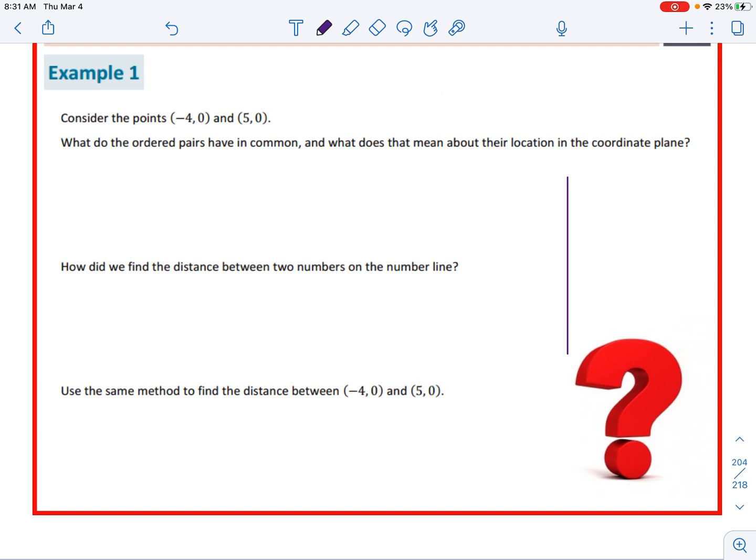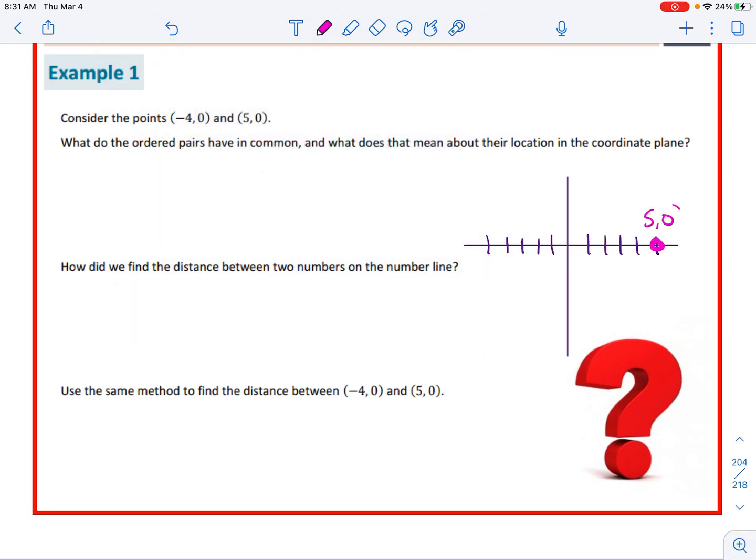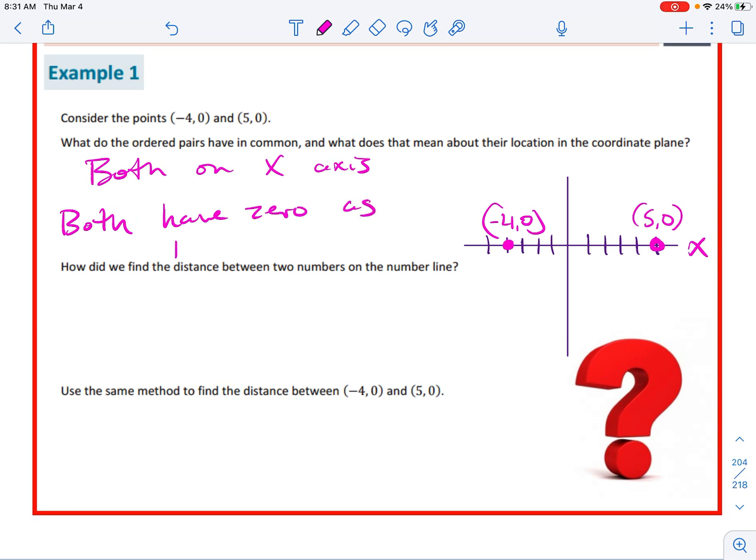So on your coordinate plane, your 2 points should be one here, 5, 0, and one here, -4, 0. So what do these ordered pairs have in common? Well, they're both on the x-axis, and also both have 0 as their y coordinate.